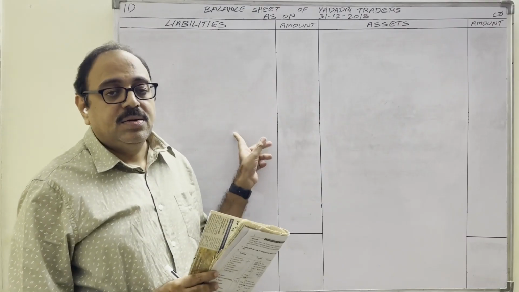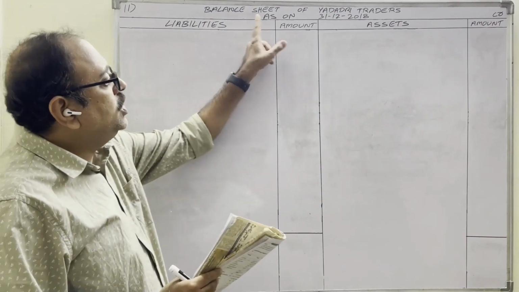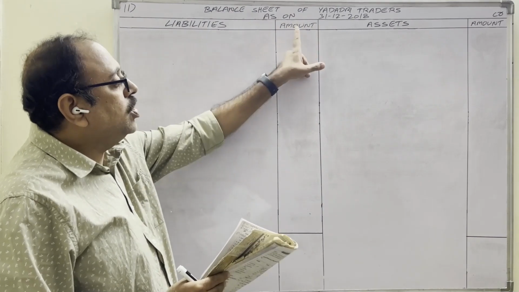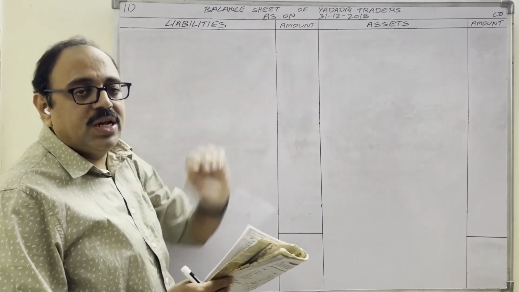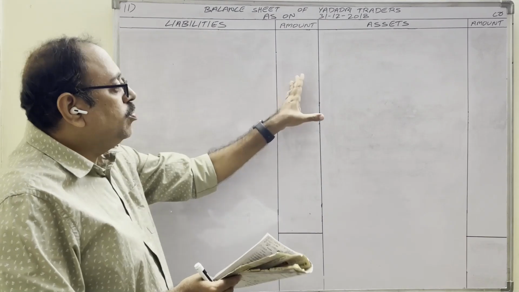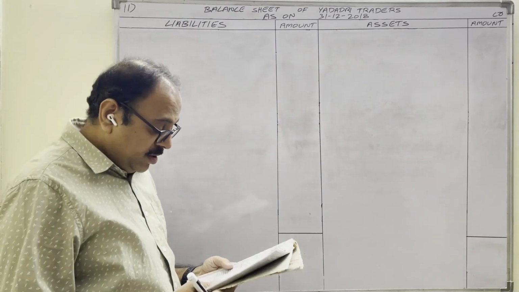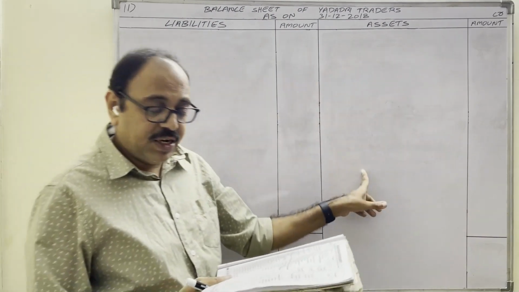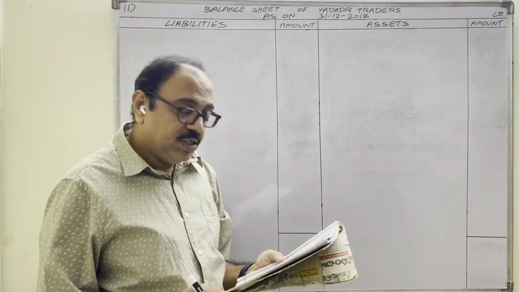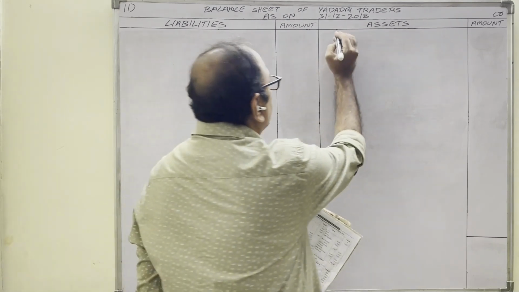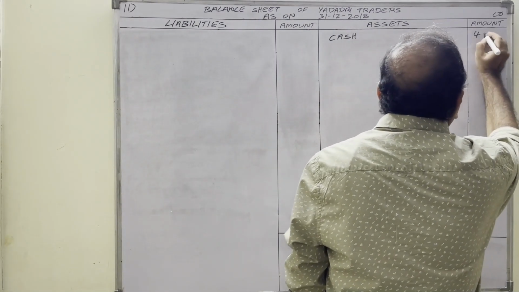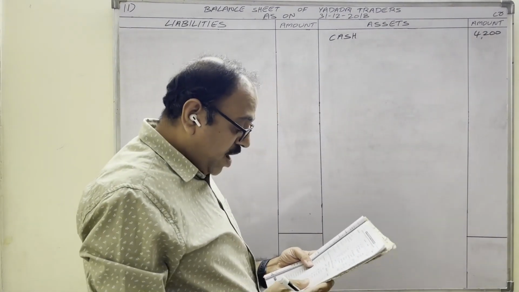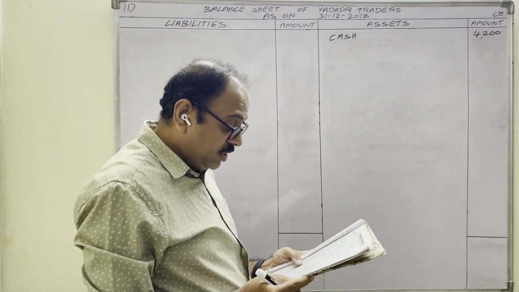Now the balance sheet. Heading: Balance sheet of Yadadri Traders as on 31st December 2018. Liabilities amount, assets amount. First, the trial balance debit side means here, asset side. Cash, asset, 4,200 rupees. Purchases, carriage, factory rent, salaries and wages.